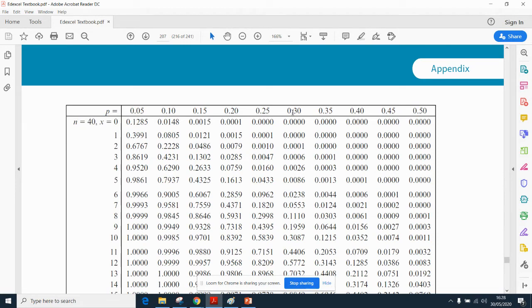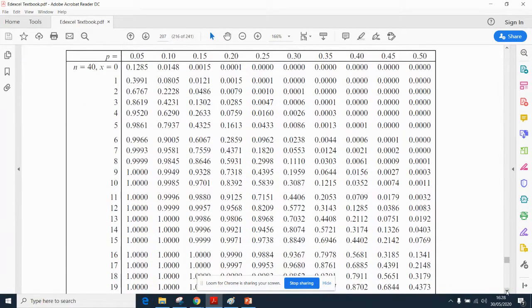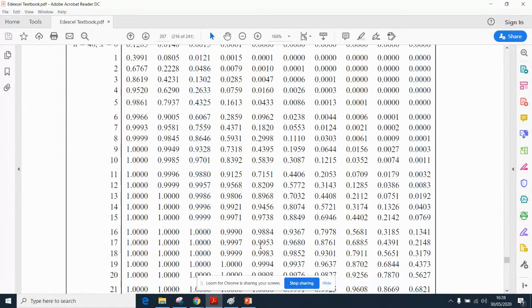Now 5% significance, because it was greater than, we're looking for up to 95%. So if we see here, this is 93, this is 96, so 16 is not enough, 17 is, so we're looking at bigger than 17, which is 18 all the way up to 40.